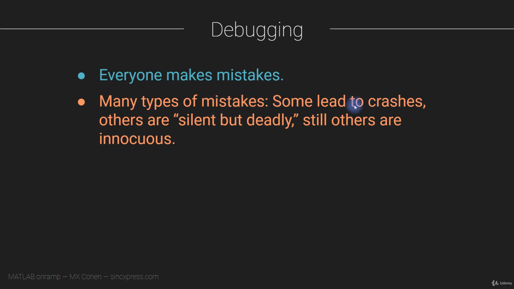Some mistakes lead to full-on crashes, and others are what I call silent but deadly, meaning that they don't produce any explicit error messages, but are still the wrong thing to do. And I've already mentioned these in the first moment of this video. And there's other kinds of mistakes that are fairly innocuous. These are technically errors, but they have only a very, very small and sometimes unnoticeable effect on the outcome.